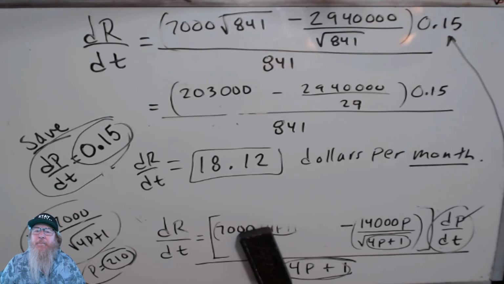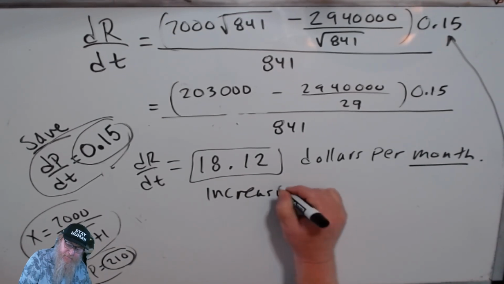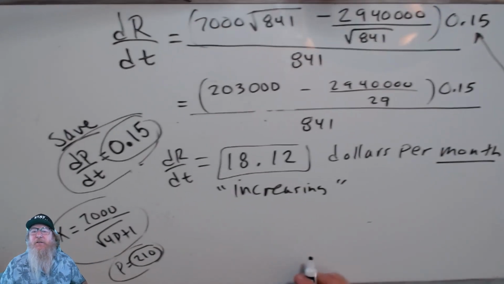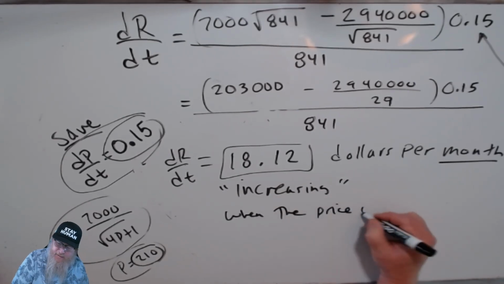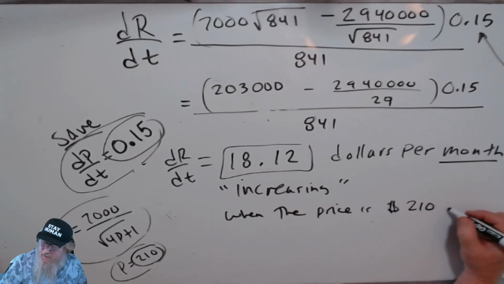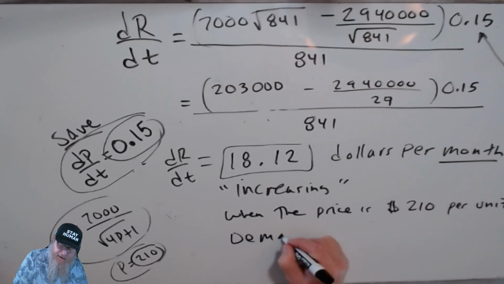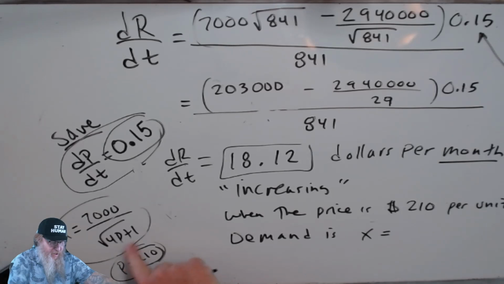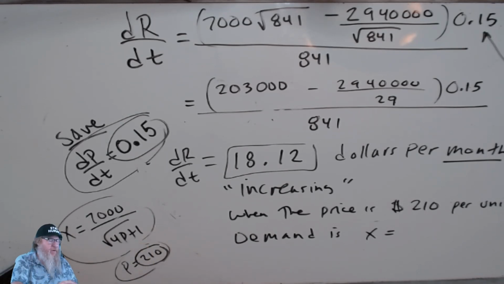All right. So there we go. Revenue is increasing. It's positive. So it's increasing at a rate of $18.12 per month when the price is $210 per unit or per widget. And then the demand, if you're curious, remember this is 7,000 divided by the square root of 841, which turned out to be 29.